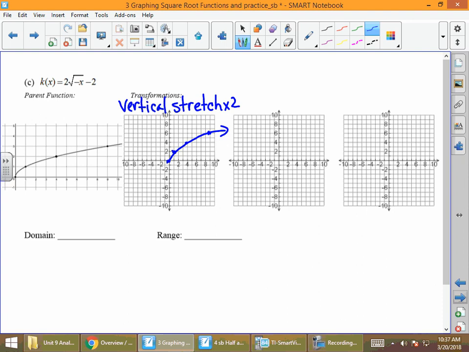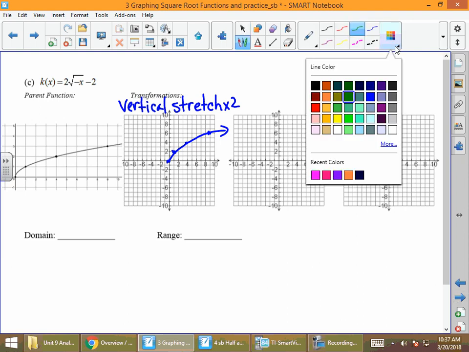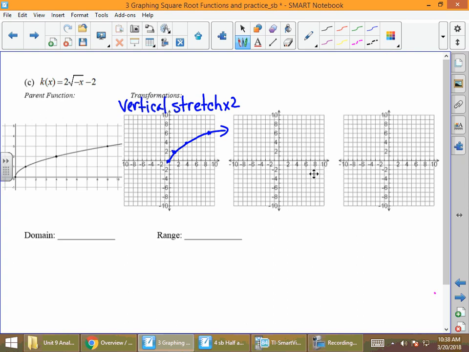And what we have is a negative inside the function. How does negative inside the function impact our function? It reflects over the y. So now the 0, 0 is still going to stay the same.